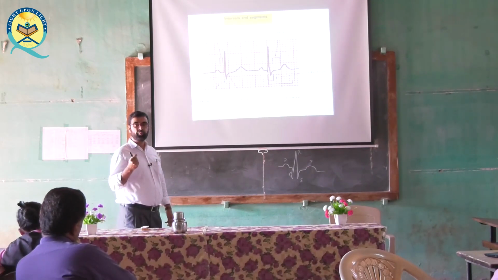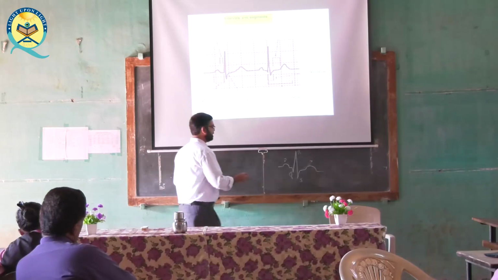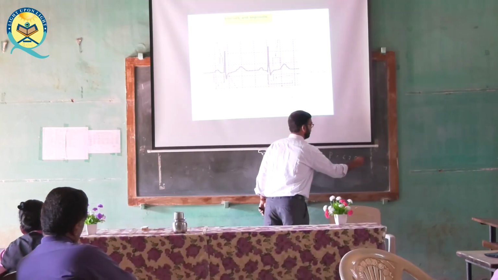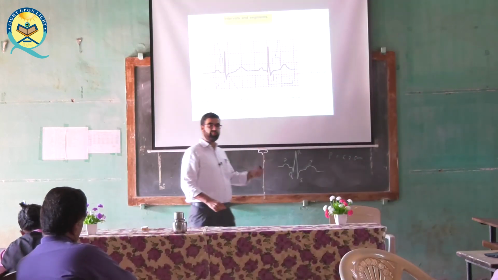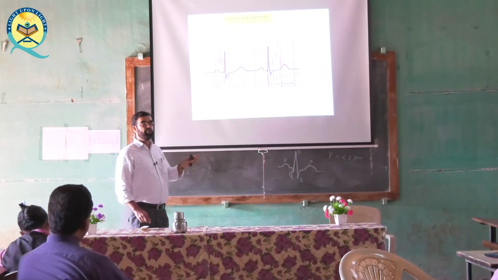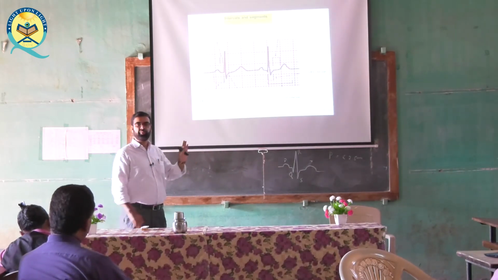Normal P wave height should be less than 2.5 millimeter. It means P wave height is normal. Normal P wave duration should be less than 2.5 millimeter.